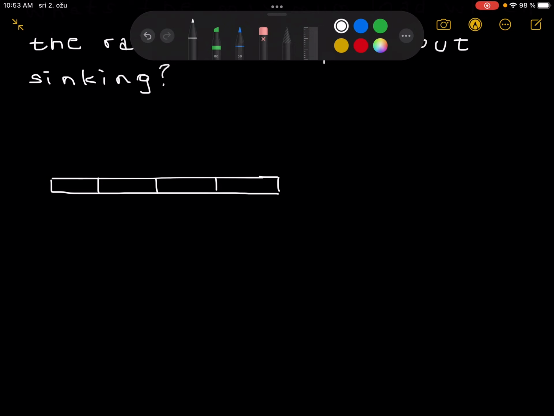So this is our raft. And let's go ahead and concentrate on the forces which are acting upon it. So I'm going to use colors.